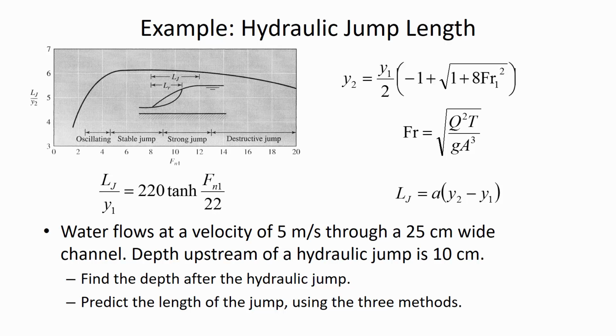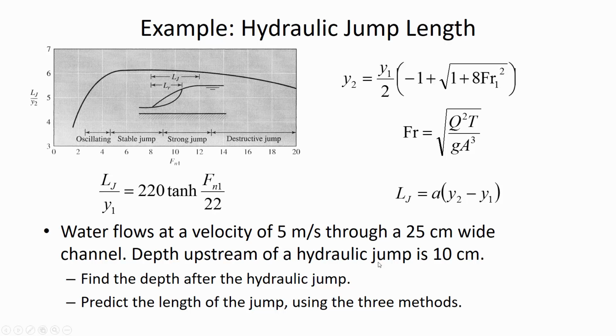So just to get a refresher, first of all, on how to use the Bellinger momentum equation, let's try this example. This will be good practice for what we're going to go witness back in the lab here in a moment. Let's say that we have a channel that's 25 centimeters wide, and we have a velocity upstream of 5 meters per second.